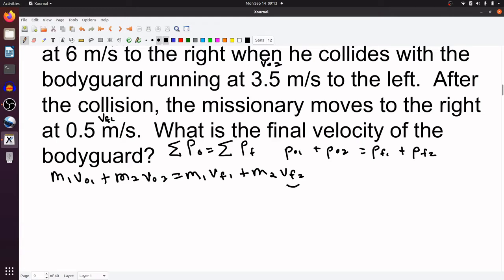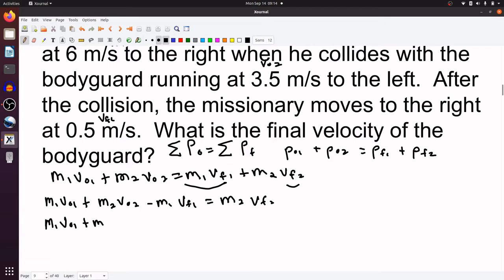We want to know the final velocity of the bodyguard. So I'm going to go ahead and move this over to the other side. m1 v01 plus m2 v02 minus m1 vf1 equals m2 vf2, and I'm going to divide by m2 just so I can have an equation just for this situation.